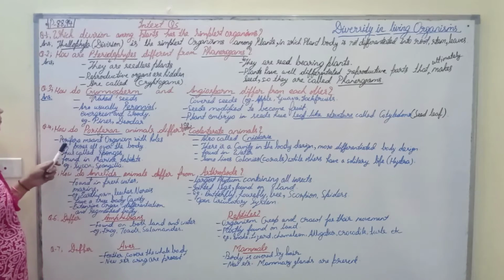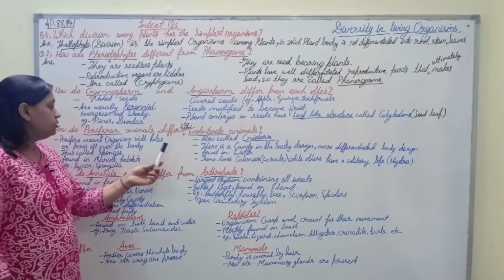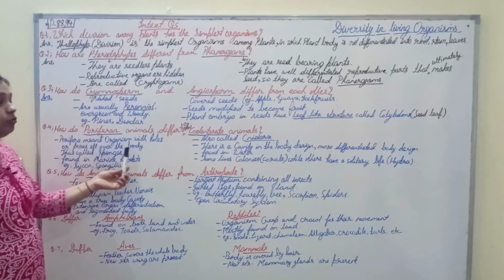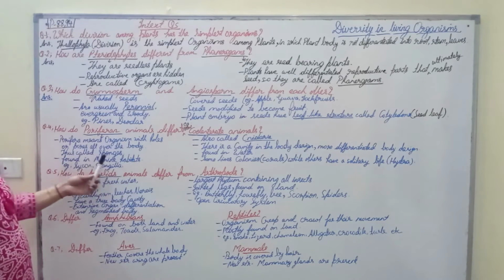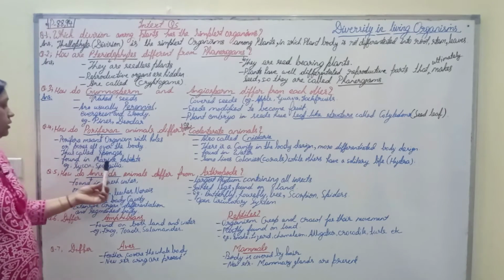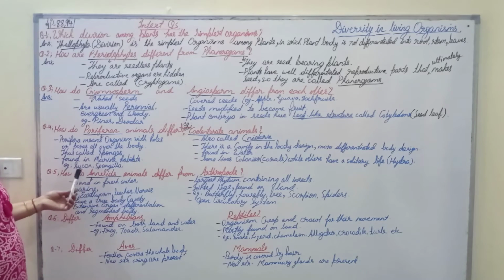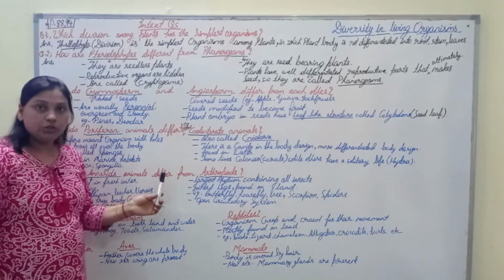Next question, here is the difference between porifera and coelenterata. Porifera means organisms with holes or pores all over the body, thus called sponges, found in marine habitats. Examples are sycon and spongilla.